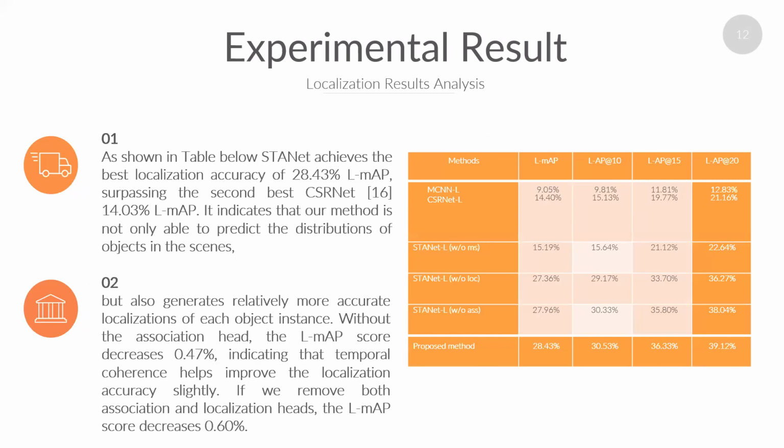As shown in the table below, StarNet achieves the best localization accuracy of 28.4%, surpassing the second best, CSRNet.